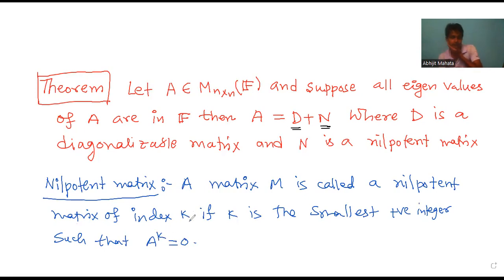Now let me give you an example of a nilpotent matrix. Let's say I'm taking the matrix M. According to the order, M2, I'm taking 0 1 0 0.